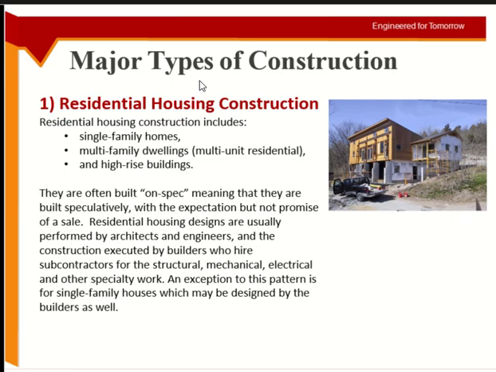So like I said, they are slightly simpler. The construction is executed by the builders, which are hired by the client, and these builders can hire subcontractors as well. So they are the contractor and they are the subcontractor. What's the difference between them? Contractor and subcontractor?